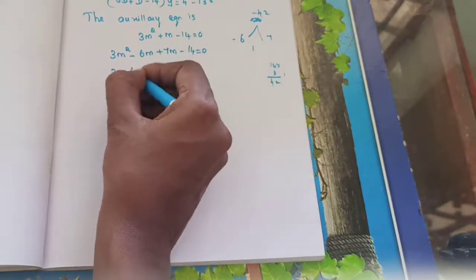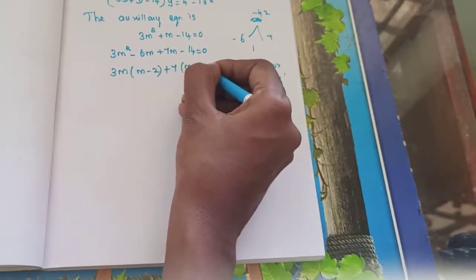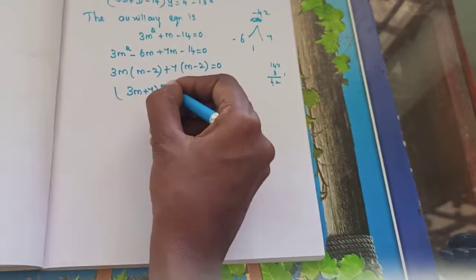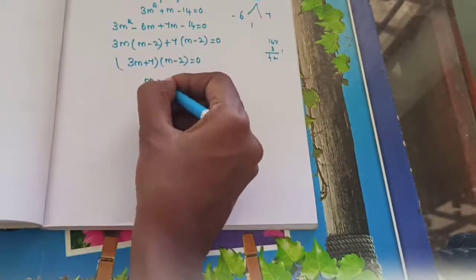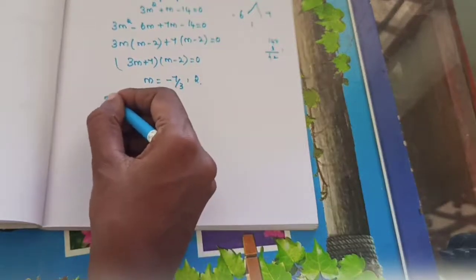3m is common, so 3m(m minus 2) plus 7(m minus 2) equal to 0. So 3m plus 7 is one factor, and m minus 2 equal to 0 is the other. Two factors, so m is equal to minus 7 by 3 comma 2.